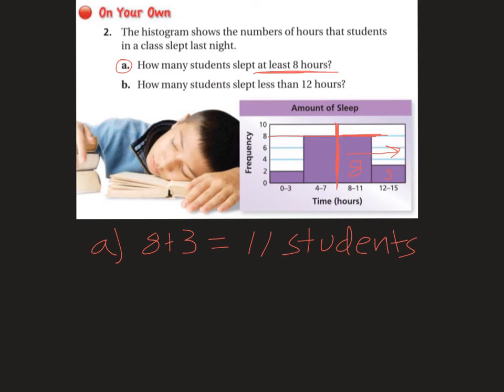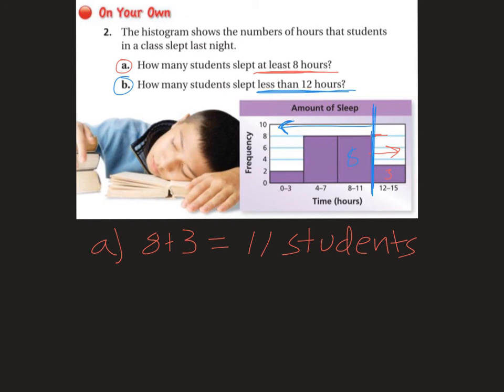All right, let's look at question B here. How many students slept less than 12 hours? Let's find the cutoff. 12 hours is right here. So we want to see all the students that slept less than 12 hours. Less than 12 hours is going to be all these students that are on this side of the line. So let's count them up.